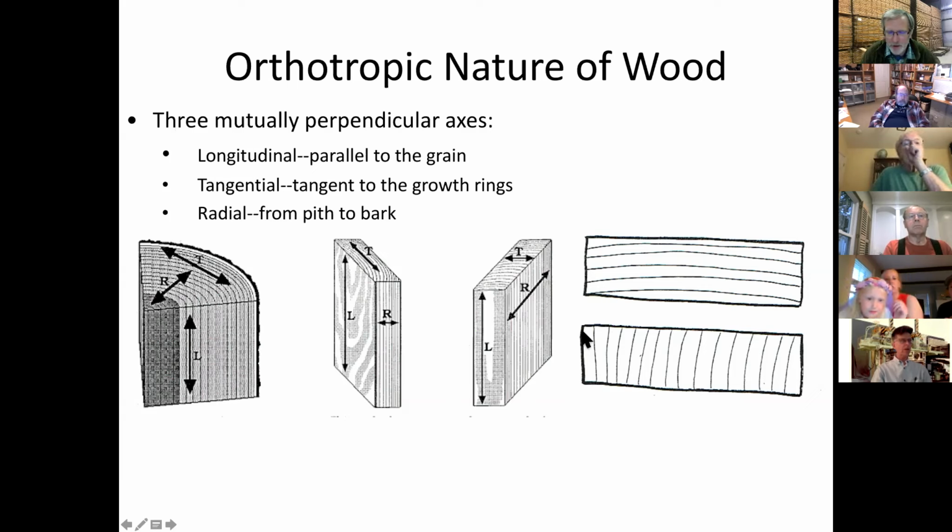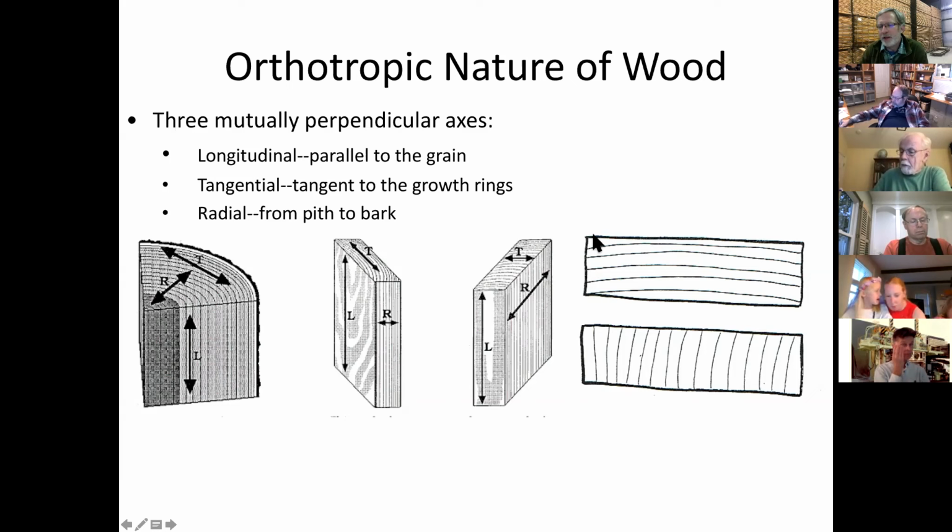So here's a little rule of thumb about shrinkage and swelling of wood. Wood shrinks twice as much tangentially as it does radially. Now that's another rule of thumb, right? You get into some foreign species, a lot of extractive content, it's not exactly true, but for most North American species, it's a pretty true rule of thumb, about twice as much.